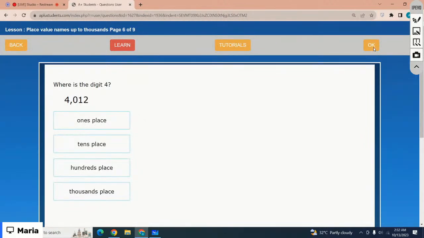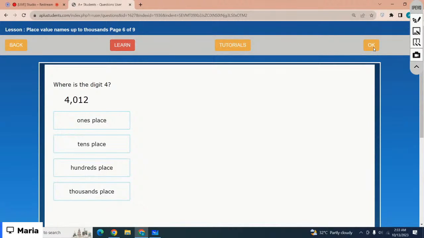4012, which is the correct option? Where is the digit 4? Very good.